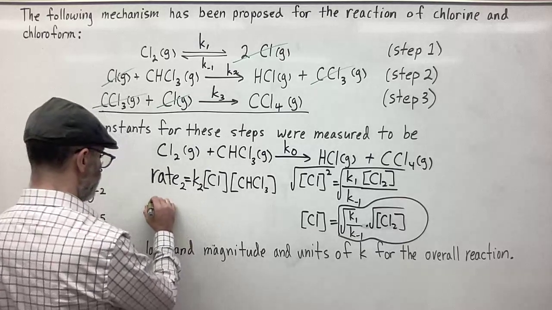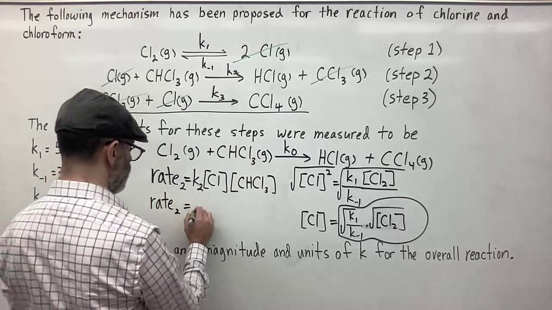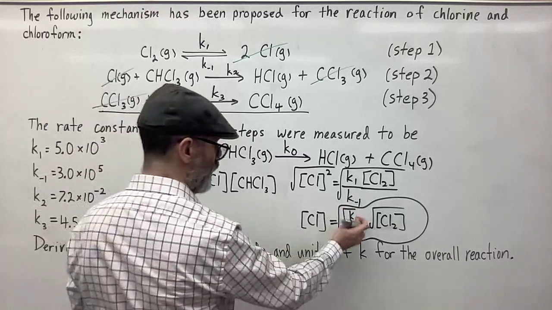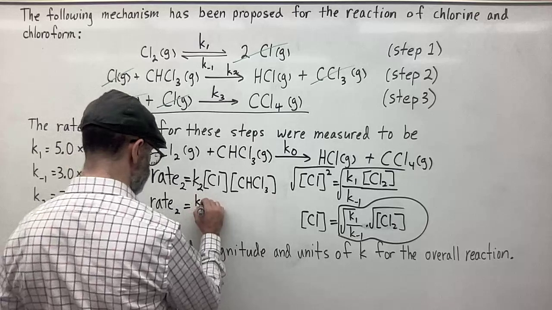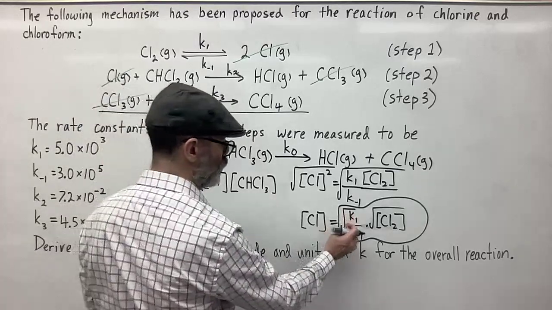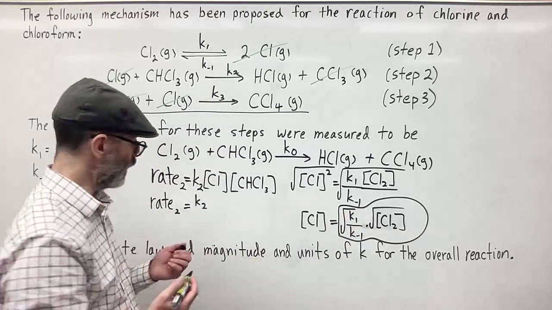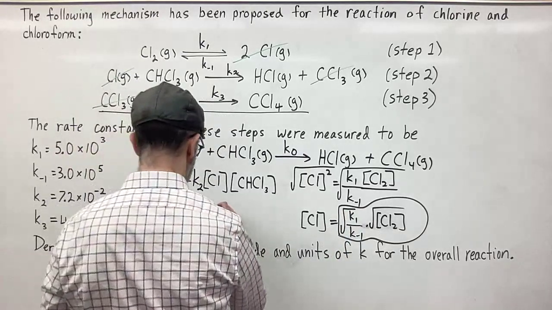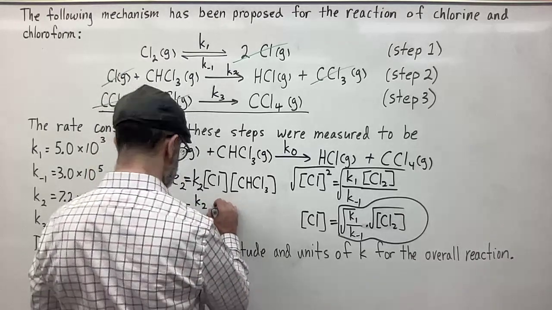So then I'm going to get the rate 2 is equal to K2 times this. Square root is the same as power of 1/2, so I can do the power of 1/2 here, or I could just do square root. So maybe I'll do square root.